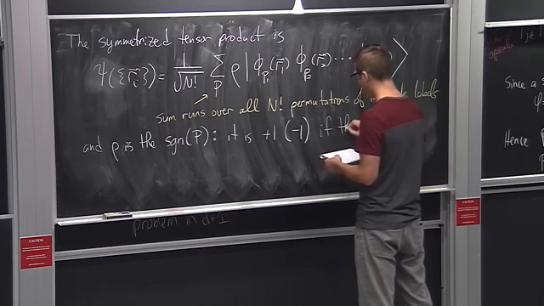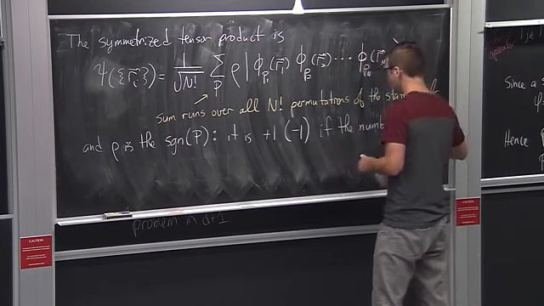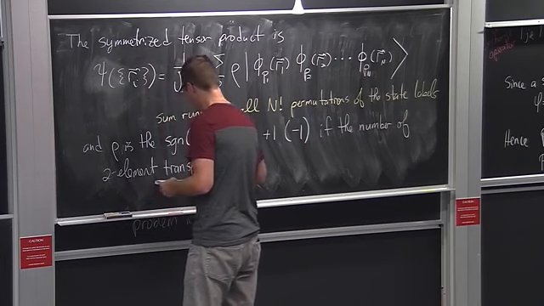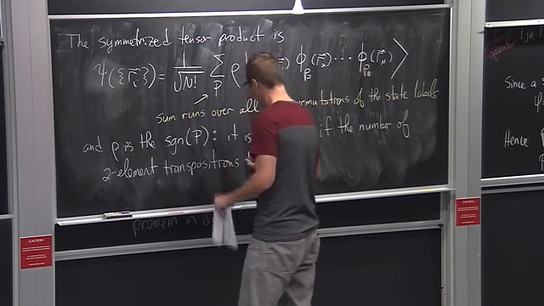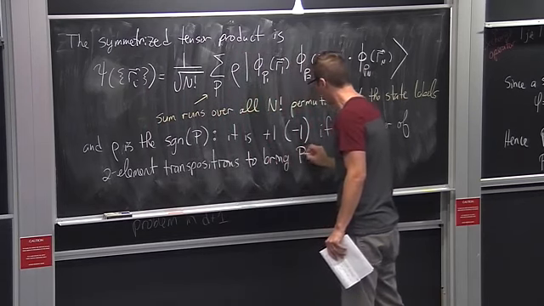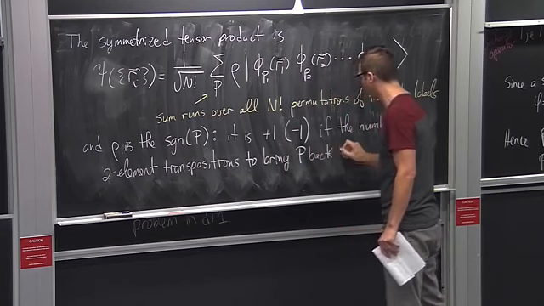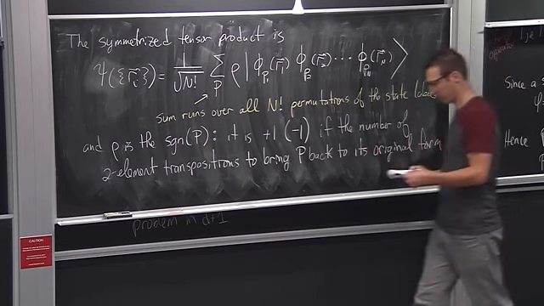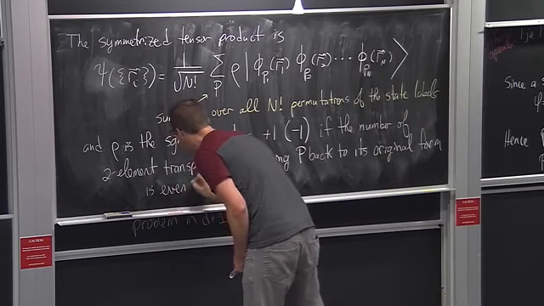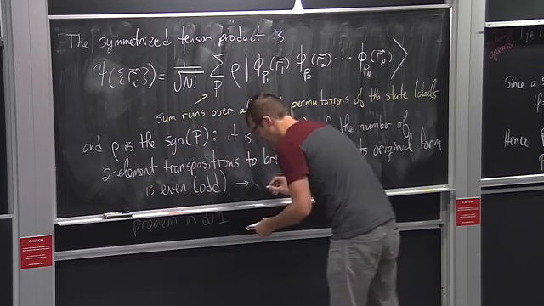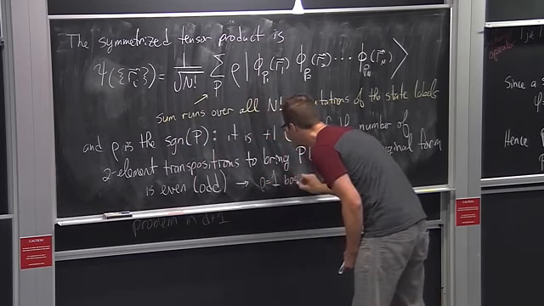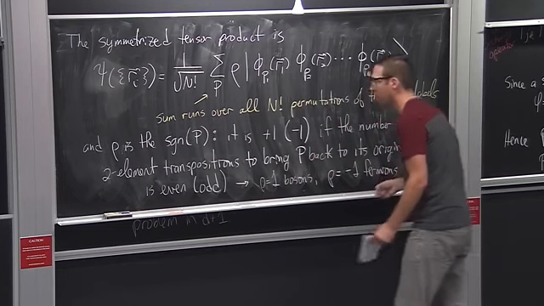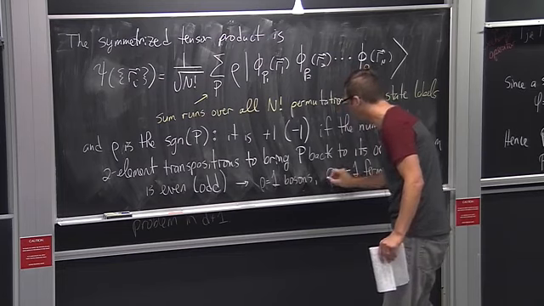So it turns out to be 1 for bosons, -1 for fermions.